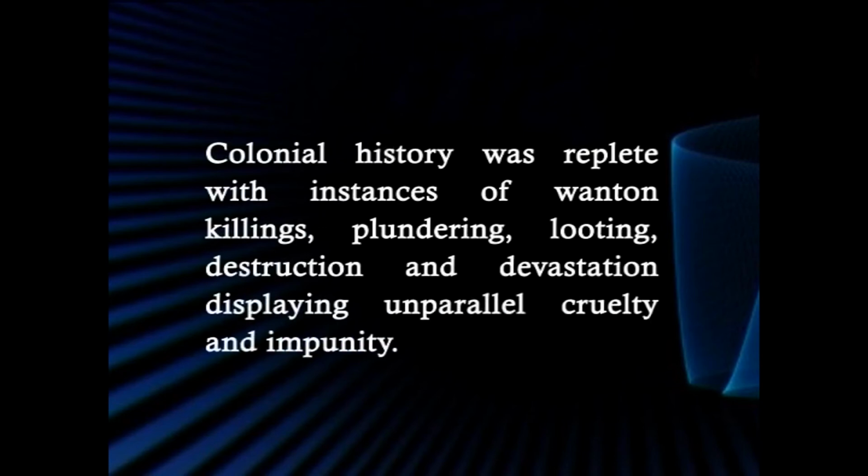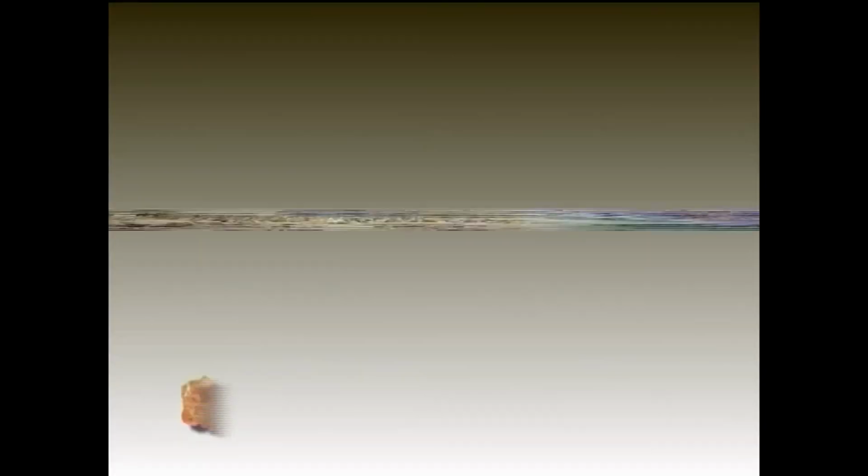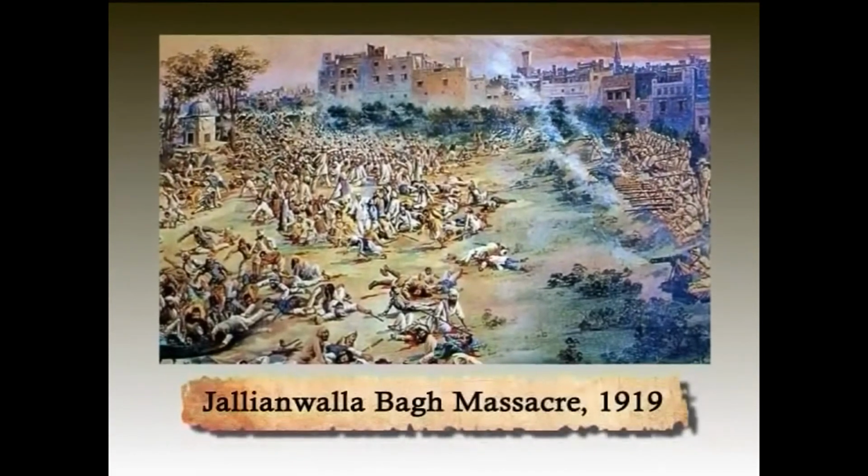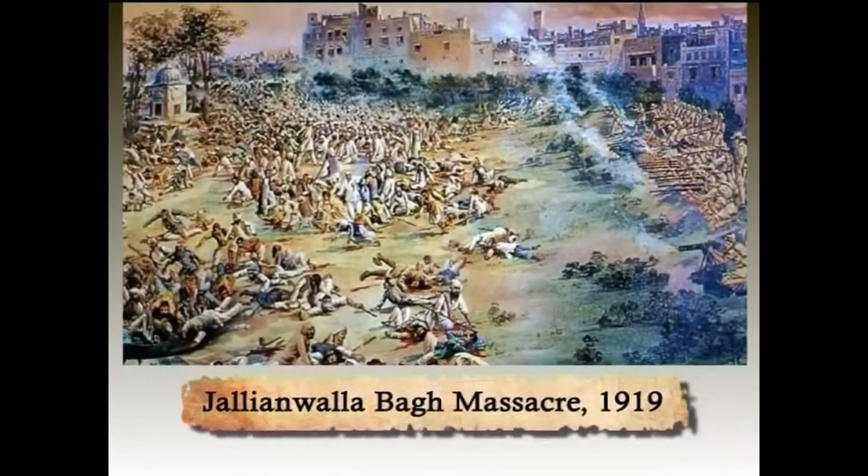and impunity. In its struggle for independence, India experienced several such inhuman acts of repression, including the Jallianwala Bagh massacre of 1919. Another instance of the colonial administration's wanton use of force and inhuman attitude was the 1857 uprising, and the British response to it revealed extraordinary depths of inhumanity.